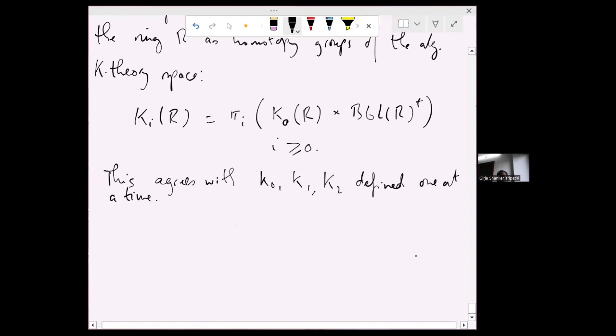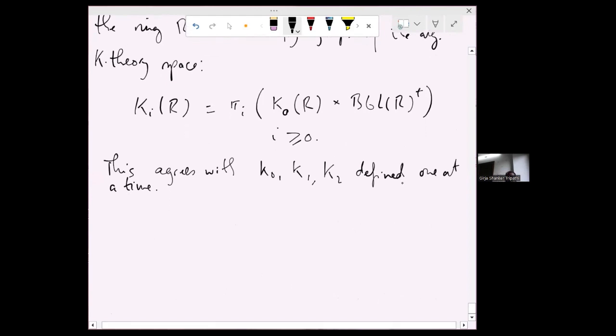Okay, good. So this way we get our K theory space and higher K theory of rings. Some basic properties are, for example, relative K groups, long exact sequences, and functoriality. Let's do one of these at the moment.